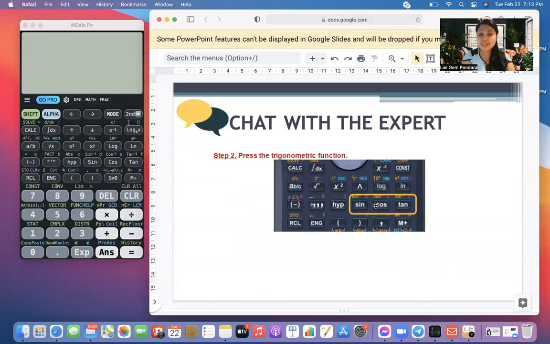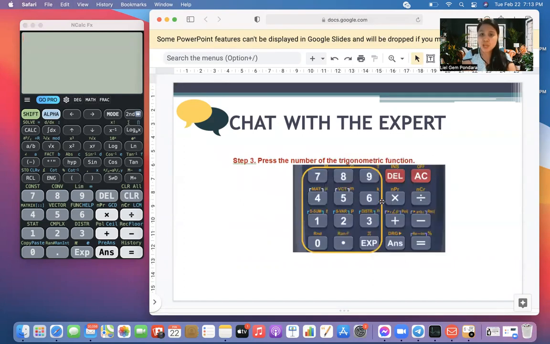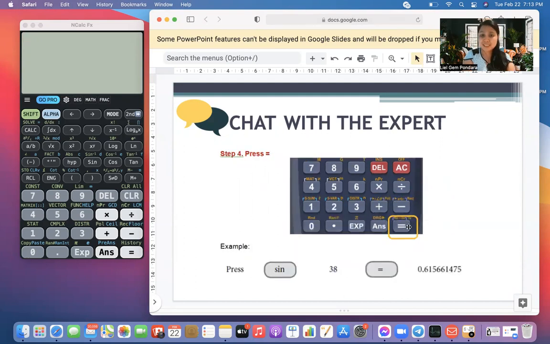It can be sine, cosine, or tangent. Then you press the measure of the angle. Then press the equal sign. For example, if we're looking for the value of sine 38, we press sine, then 38, then the equal sign.